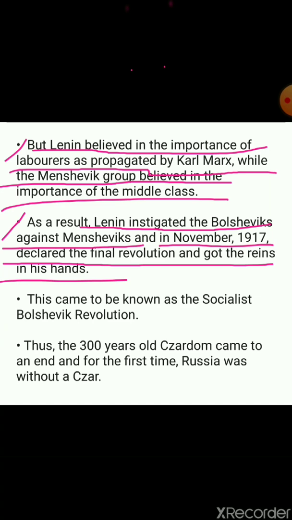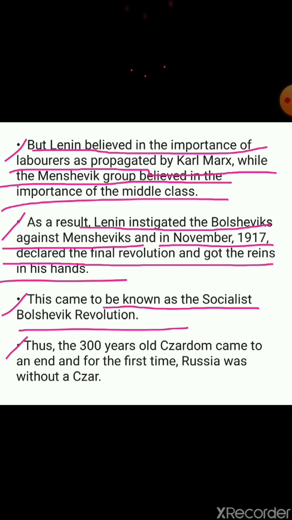Lenin declared a final revolution and got the reign in his hand. Now Kerensky was not getting that much importance. This came to be known as the Socialist Bolshevik Revolution. The Menshevik side, with Kerensky as its head, went away, and the Bolshevik Revolution was seen.